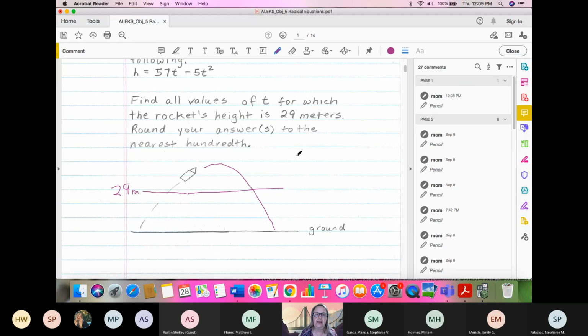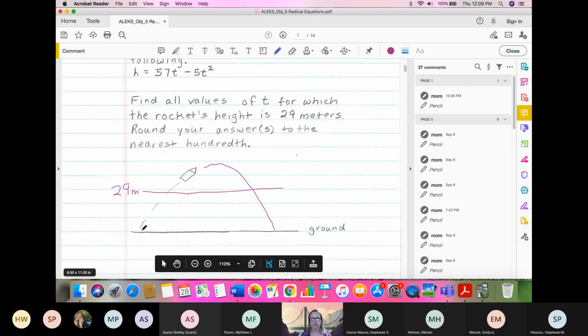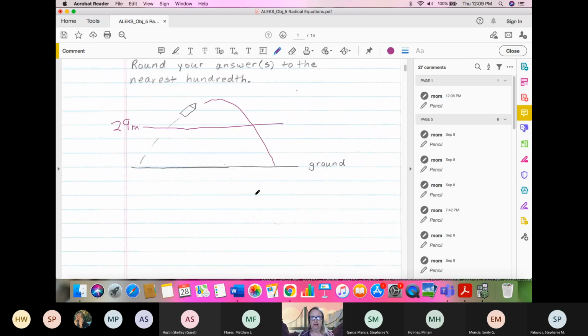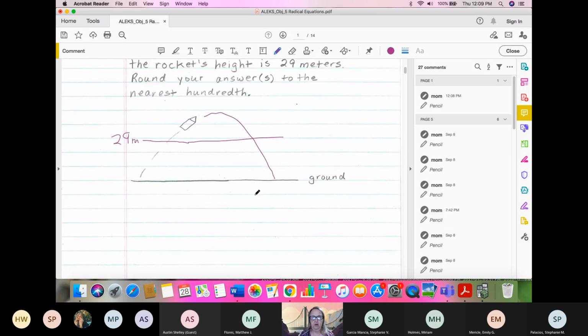So how many times does that rocket pass through 29 meters? It gets shot off the ground. So it's going through 29 meters once, goes around, goes through 29 meters like twice. So there's two answers here.